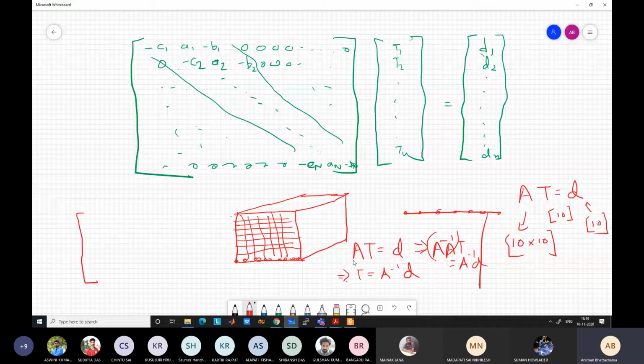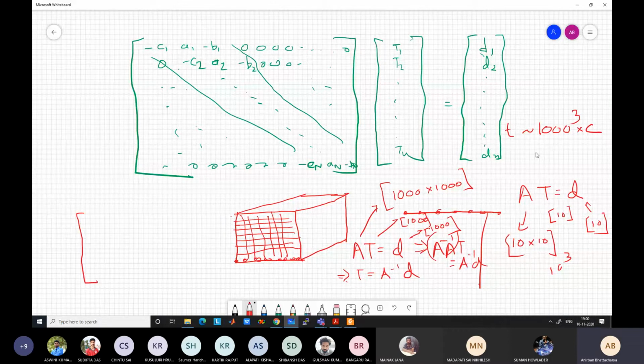Because we have 1000 equations and 1000 unknowns, our simulation time now scales as 1000 to the power 3, instead of 10 to the power 3, times some constant. So this will be the simulation time that is required. Previously it was proportional to 10 times some constant.